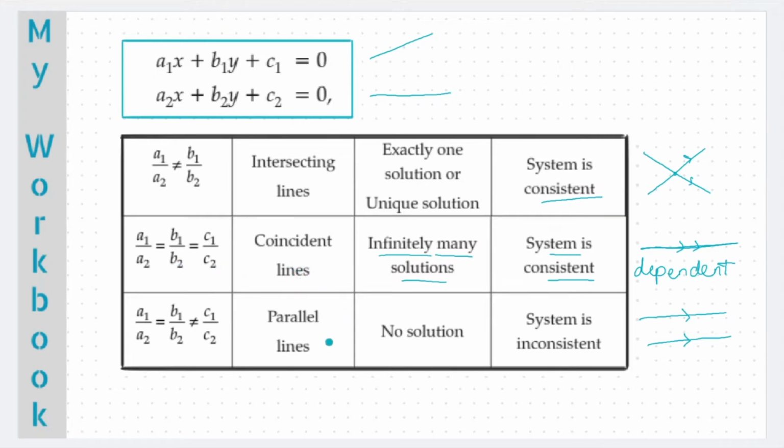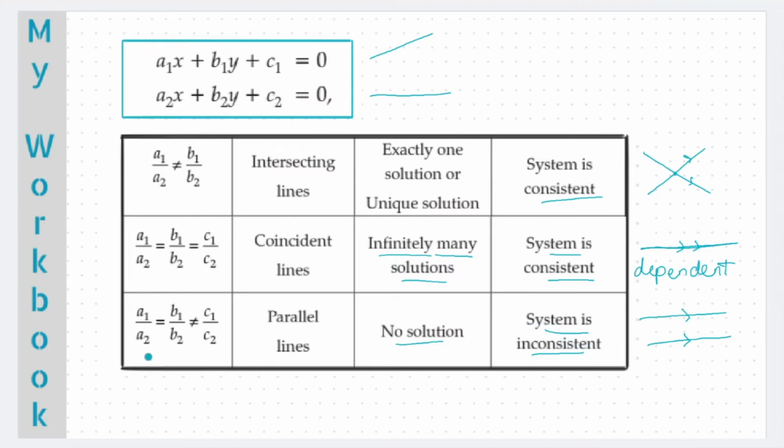The last scenario is parallel lines. We know that parallel lines are never going to meet. So there is no point of intersection and hence there is no common solution. Such a system is called an inconsistent system.